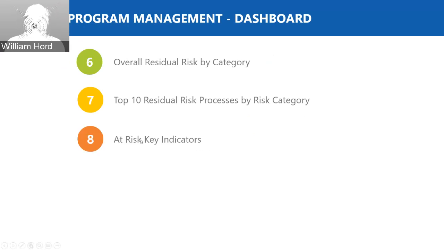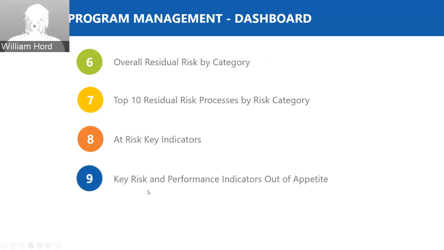Of course, all of your key risk indicators, so what's at risk? Whether that's a performance indicator or a risk indicator, what's at risk? And a lot of times you're like, well, thanks, Mr. Obvious. But you would be amazed at folks who are just going, oh man, it was green, now it's red. Okay, well, we should be understanding well before that. Key risk and performance indicators that are out of appetite.